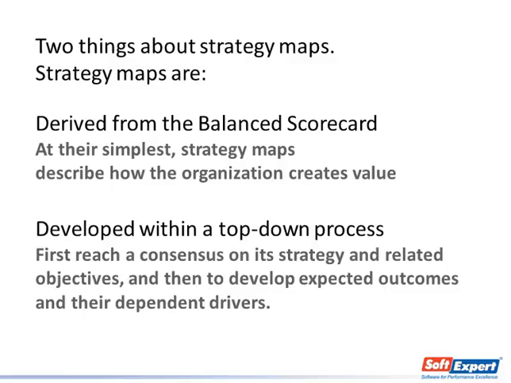Developing a strategy map is a forcing function that drives an organization to first reach a consensus on its strategy and related objectives, and then to develop expected outcomes and their dependent drivers. Financial and customer perspectives represent the expected outcomes of strategy, while the internal process and learning and growth perspectives represent the drivers of those outcomes.